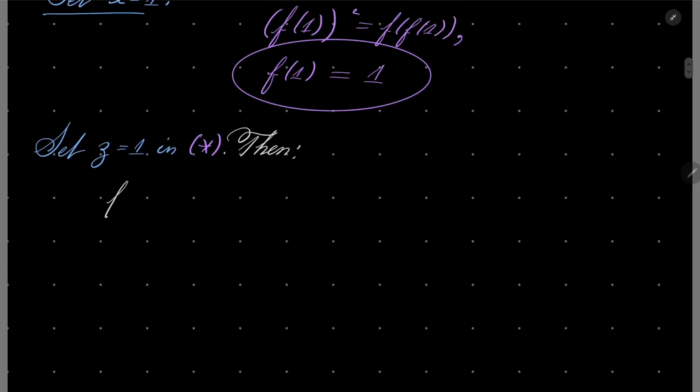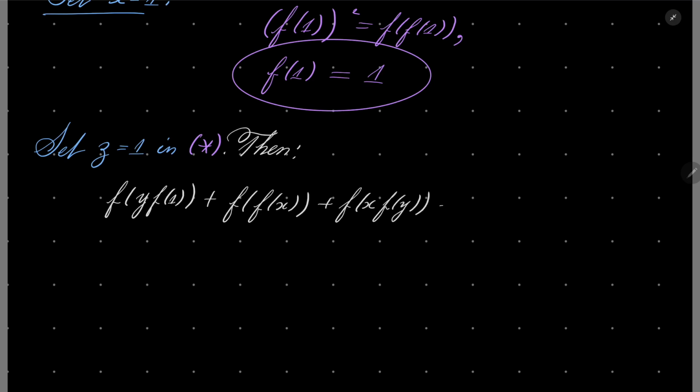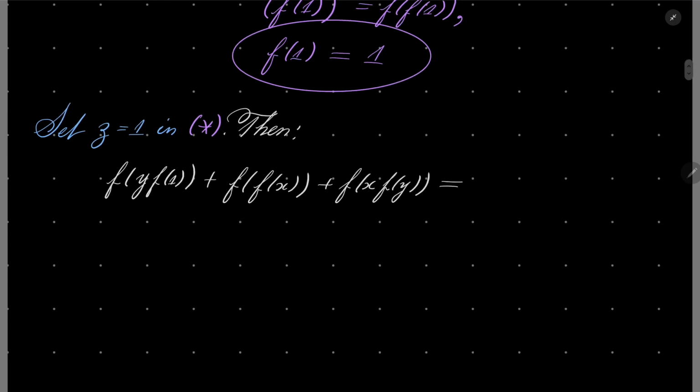We have f(y) times f(1) plus f(x) plus f(x) times f(y) equals y times z, but y times z is just y, zx is x, plus xy.